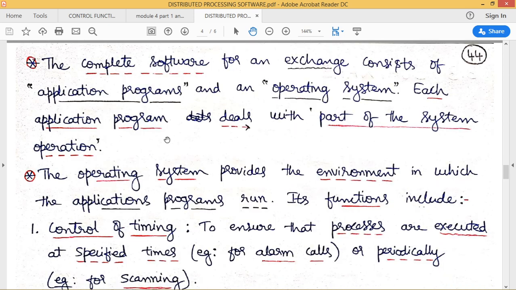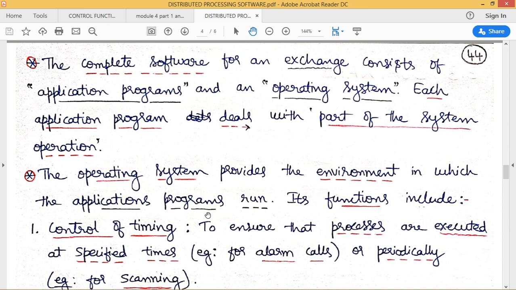As I said, each application program deals with part of the system operation. So the system has to operate, and how the system should operate will be decided by the application program. And we know the operating system provides the required environment in which the application programs are going to run.